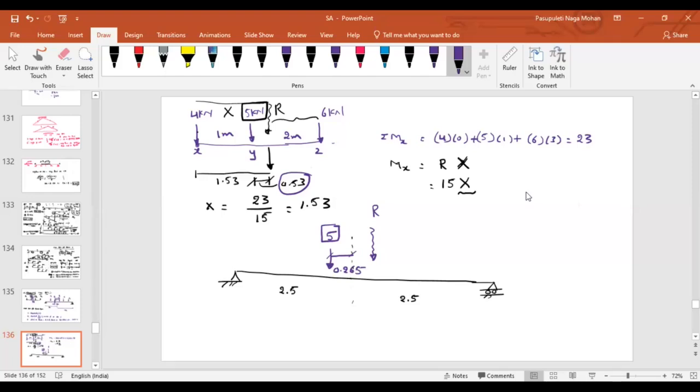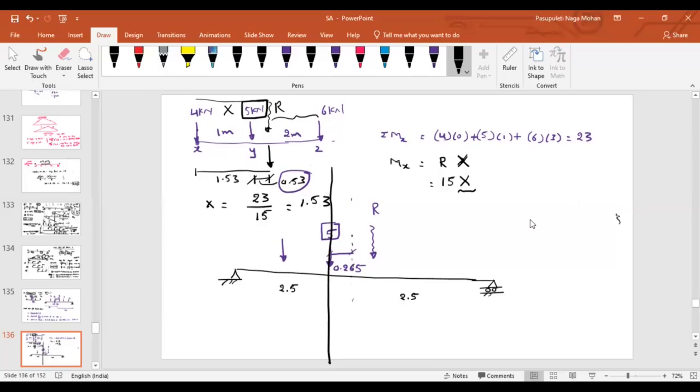This is the center point, isn't it? Now can you tell me what is this distance?